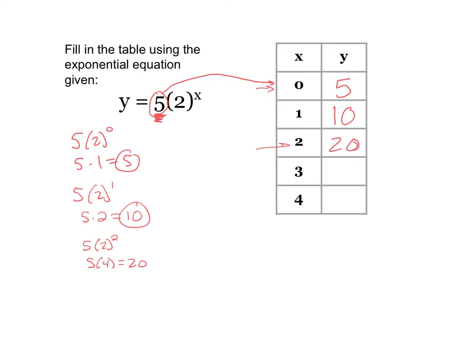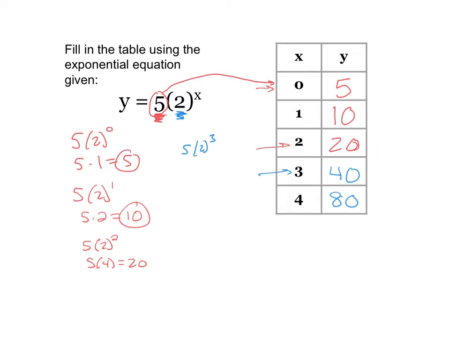Now, one thing you may notice as we're moving on here, 2 is the multiplier, which means that, from one term to the next, if our x's are going up by 1, that our y's will be doubling. So you can probably guess that for 3, the answer would be 40, and for 4, the answer would be 80. Okay, but you can still plug them in if you wish. To find the third term, you would do 5 times 2 to the third.